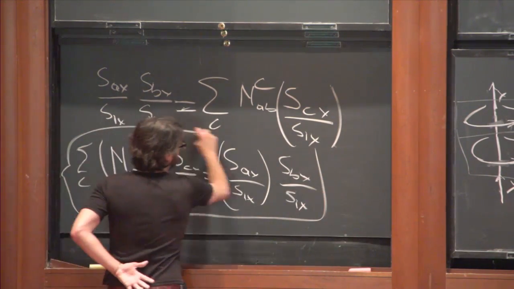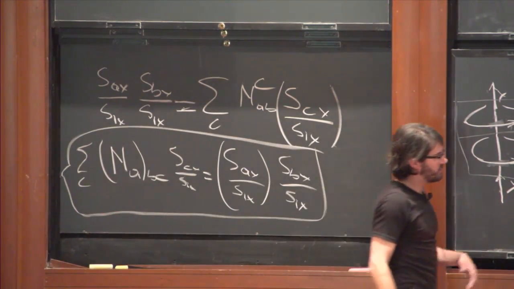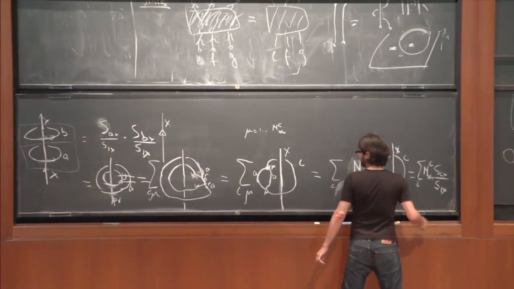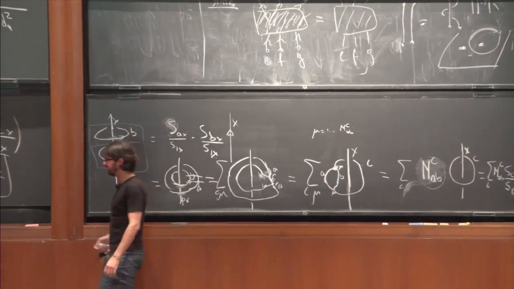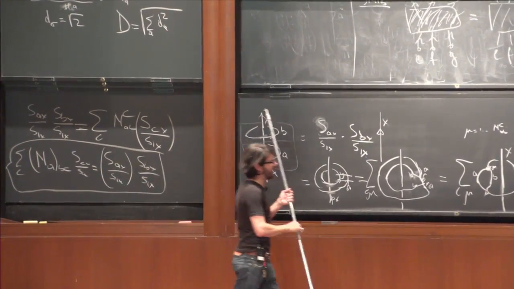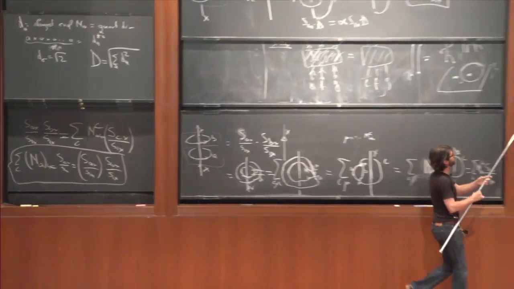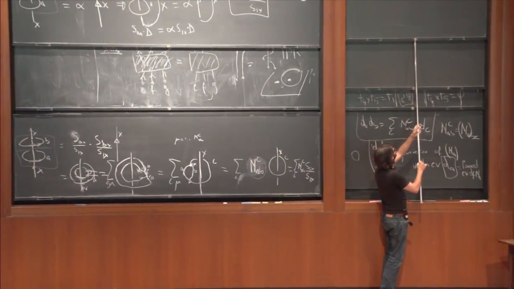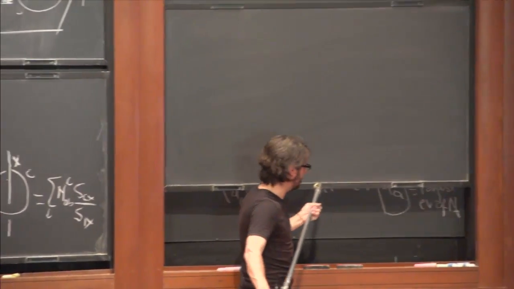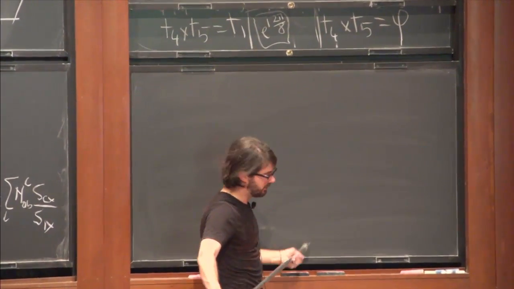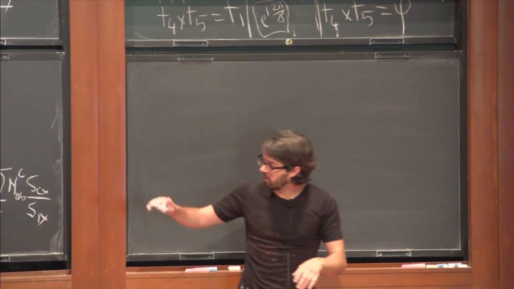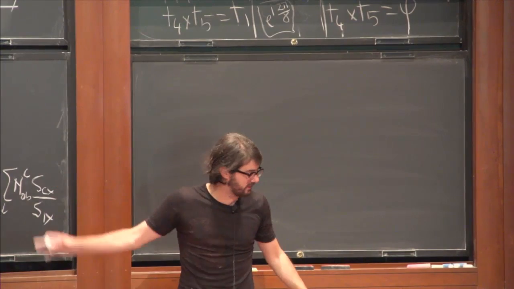So once you have the fusion coefficients, you can get the S matrix by just diagonalizing the fusion coefficients. Now, there's an issue of whether the S matrix is invertible or not, and that basically defines unitary modular tensor categories or not. But for all the stuff that we've assumed so far, it is.